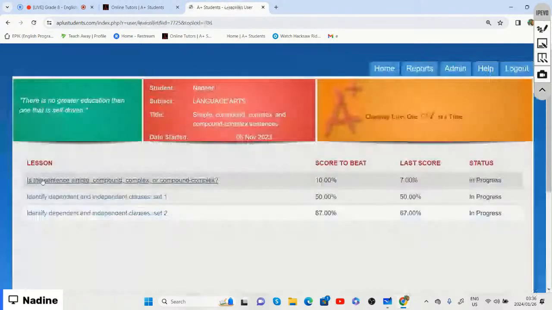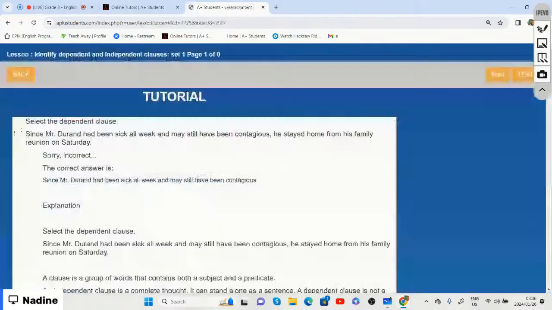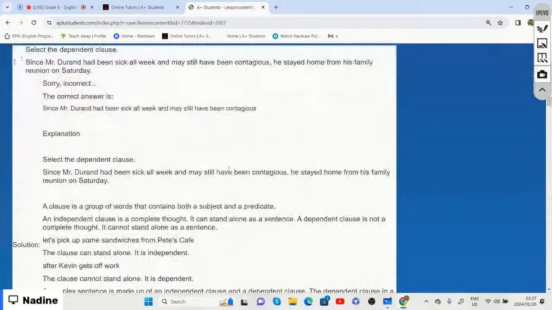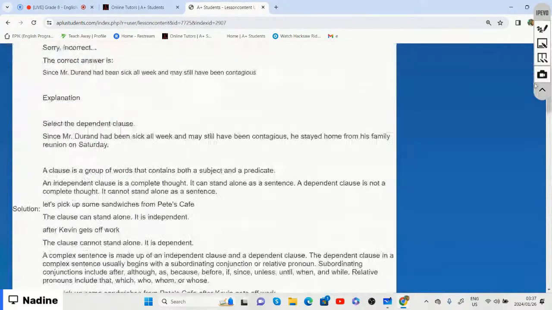All right, so now we're going to identify dependent as well as independent clauses, right? A clause is a group of words that contains both a subject as well as a predicate. So we have dependent clauses as well as independent clauses. An independent clause is a complete thought.